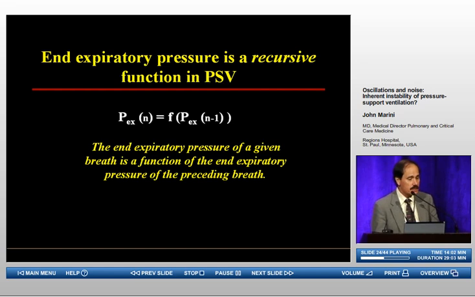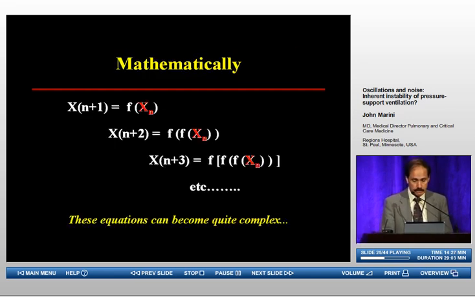Now, the end expiratory pressure is a recursive function in pressure support ventilation. And before you go to sleep, what that means is that the end expiratory pressure of a given breath is a function of the end expiratory pressure of the preceding breath. So there is the potential here for sensitivity to initial conditions, the chaos type of mathematics.